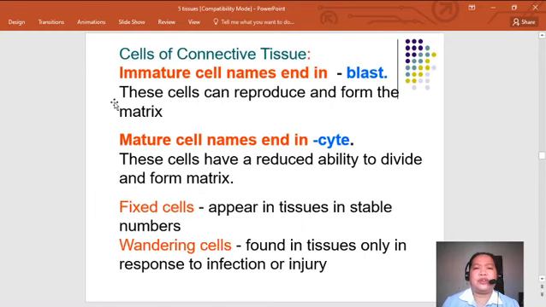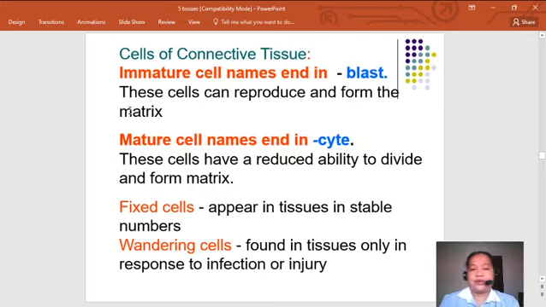So, cells of the connective tissue. Immature cell names end in blast, so these cells reproduce and form the matrix. But mature cell names end in cyte, so these cells have reduced ability to divide and form matrix.